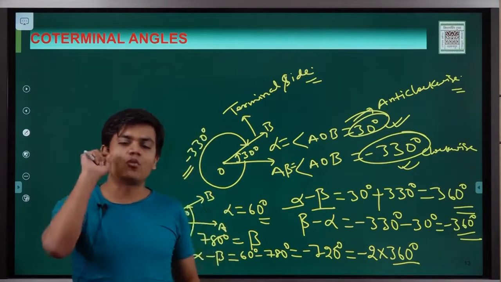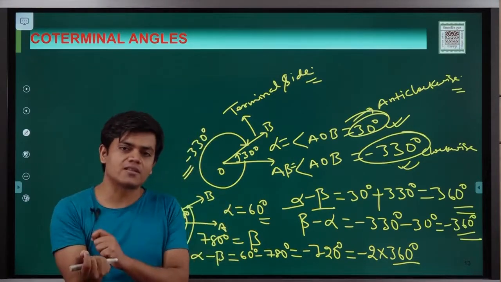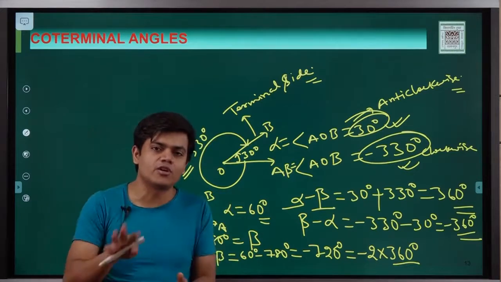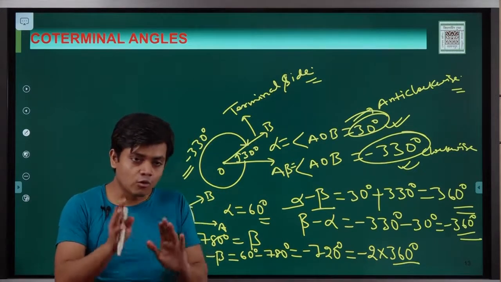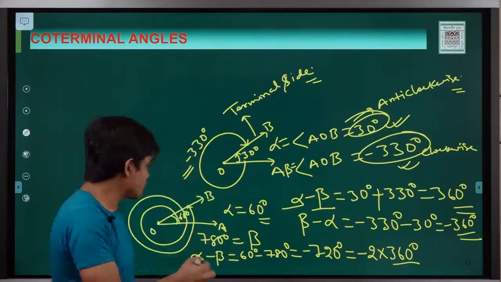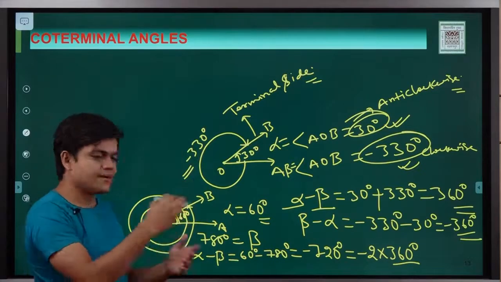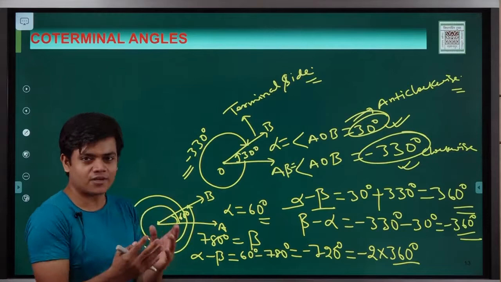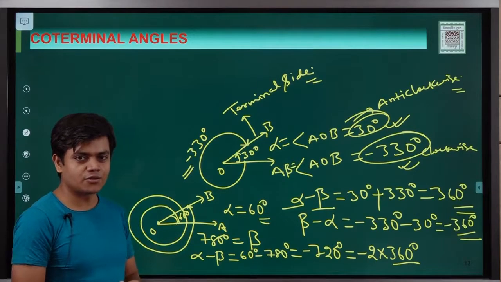With one side as a terminal side, we can find infinitely many coterminal angles, because we can take as many revolutions as we want.